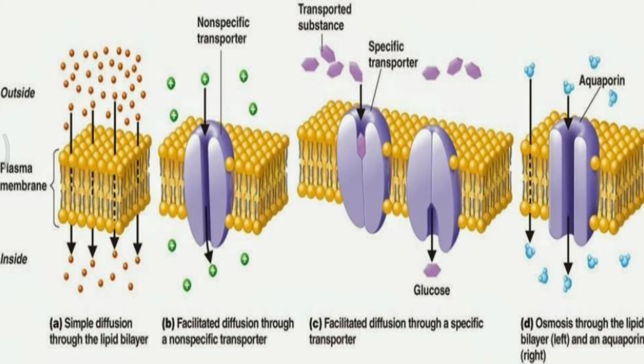Simple diffusion through the lipid bilayer, you can see certain substances moving inside along the concentration gradient. Non-specific transporters are there with the help of which facilitated transport is taking place. These non-specific transporters can bind to sodium, potassium, hydrogen, anything. It's just not specific.